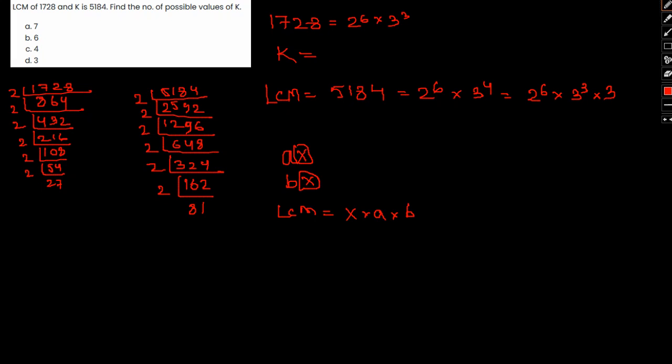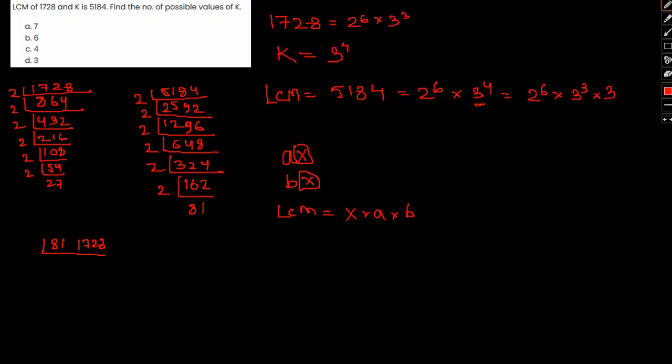Now K is a certain term. Let me take this 3 to the power 4 in general, because the answer has this term, so I am assuming 3 to the power 4 will have to come from K. Suppose I take 3 to the power 4, that is 81, and 1728, and find the LCM.